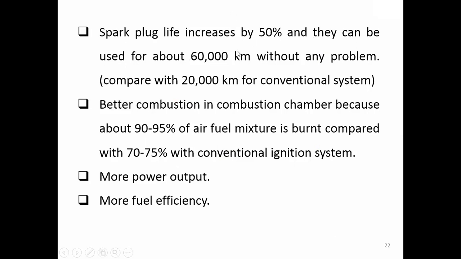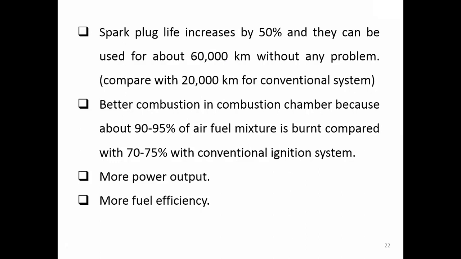That means if your engine uses the electronic ignition system, instead of replacing the spark plug every 20,000 kilometers, now you can use the spark plug up to 60,000 kilometers, 3 times the previous one. So you spend less money replacing the spark plug.